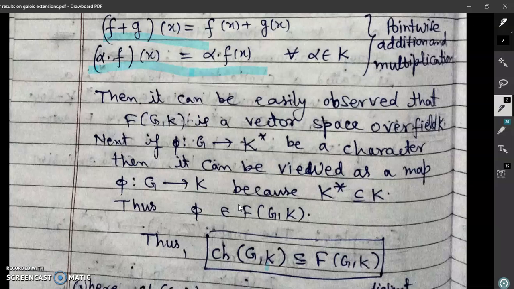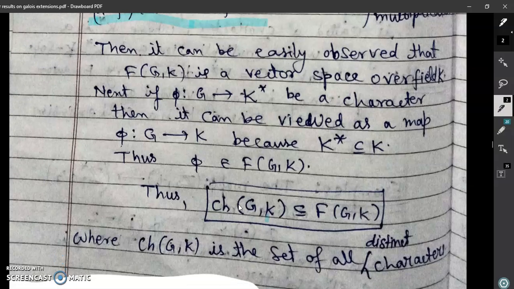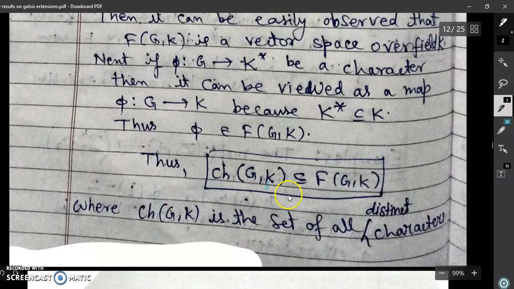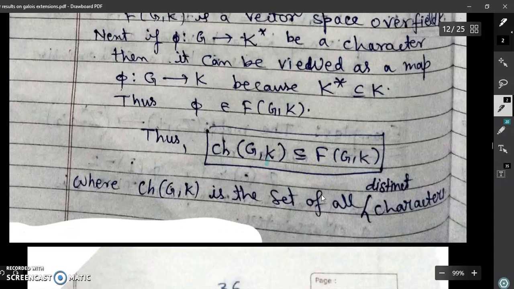So we now introduce a notion Ch(G,K), which is the set of all distinct characters of G in K. Observe that since every character can be viewed as an element of F(G,K), the set Ch(G,K) will be a subset of F(G,K).